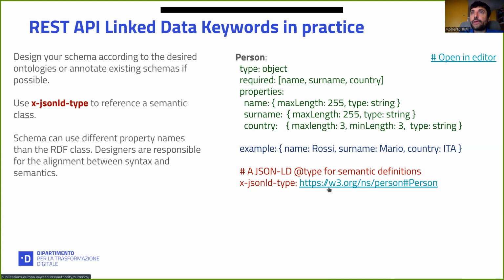The first step is providing the RDF type, that is the ontological class, using the X JSON-LD type. As we saw before, your schema can use different property names than the RDF class, and the designers are responsible for the alignment between syntax and semantics using the specification.